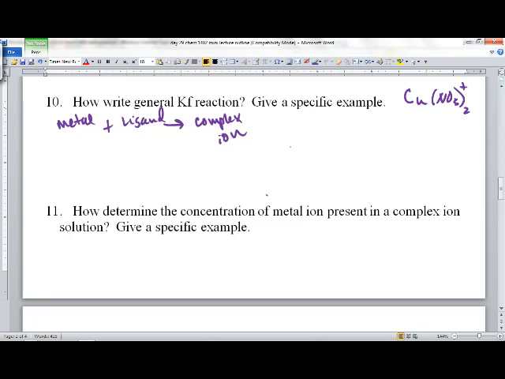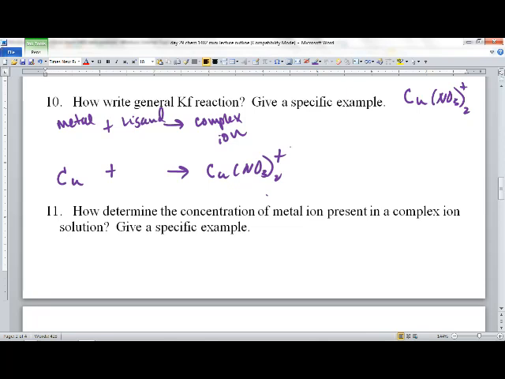How would you write the KF reaction for that complex ion? Vanessa, how would you write it? Yeah, that whole complex ion goes where? On the product side. Okay, then what do you put on the reactant side? Cu and, well, don't worry about the charge on the Cu. Do that last.